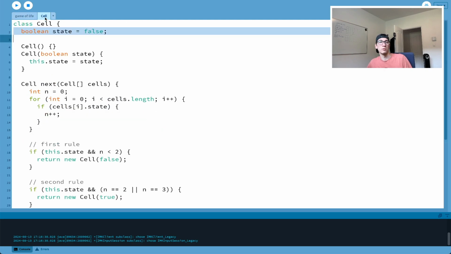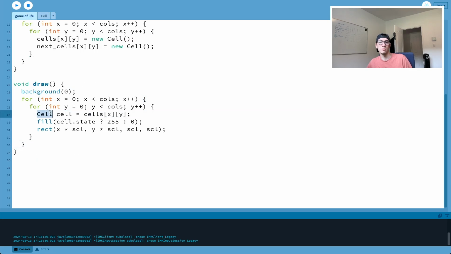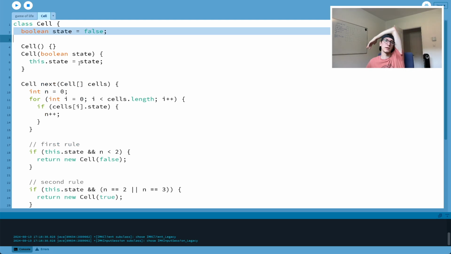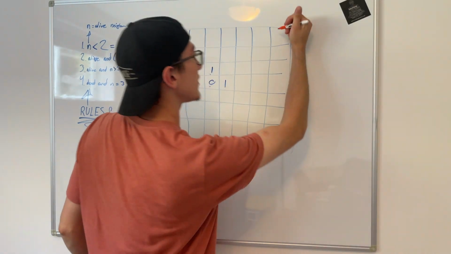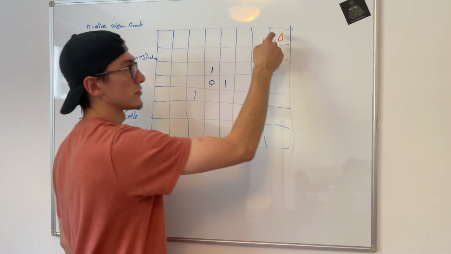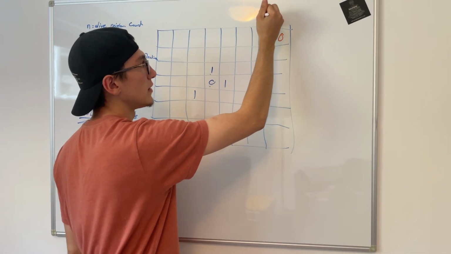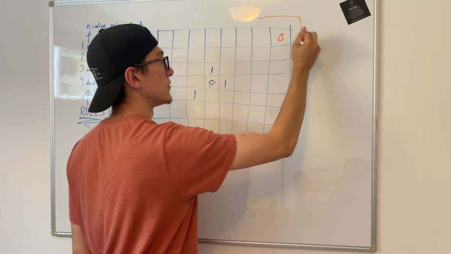Okay, now we need to gather all of the neighbors for this cell, let's say. And what I'm thinking is, let me go back to the whiteboard. Alright. In the case that we want to get all the neighbors of this cell, for example, we would need neighbors that are over here, right?